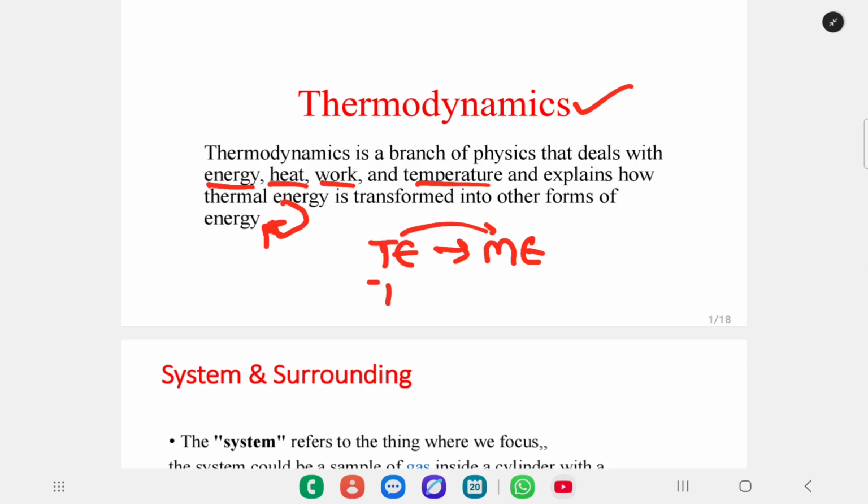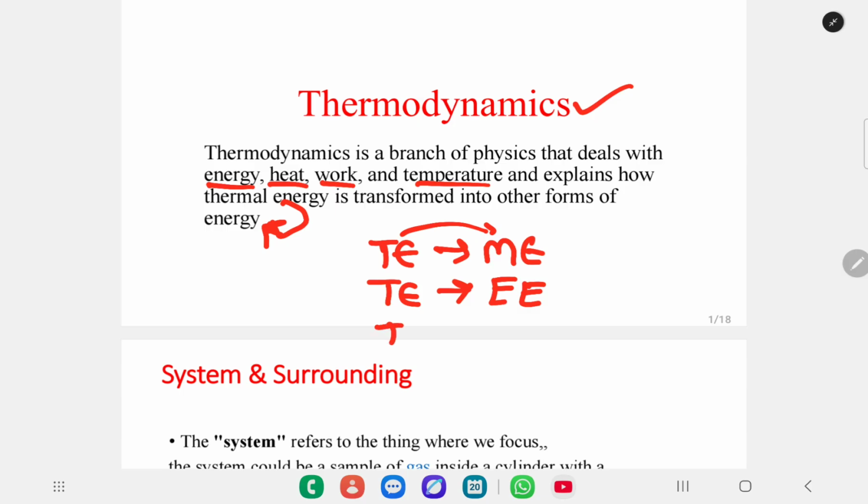Now thermal energy can also be transformed to electrical energy, like in coal or nuclear generating stations which generate electricity. In thermal power stations which use coal and nuclear, the heat produces steam that can rotate turbines where electricity is generated.